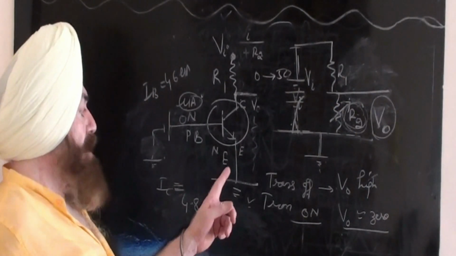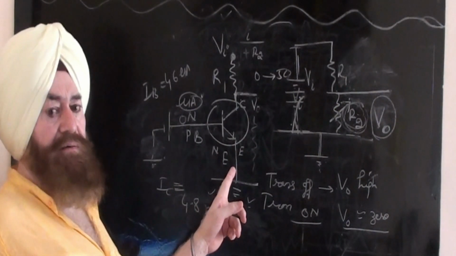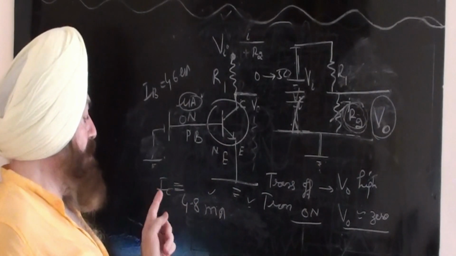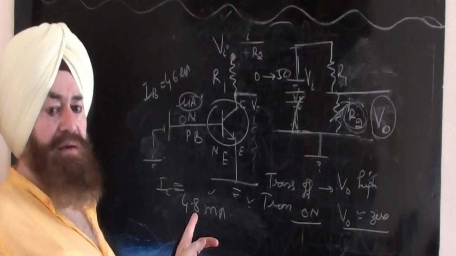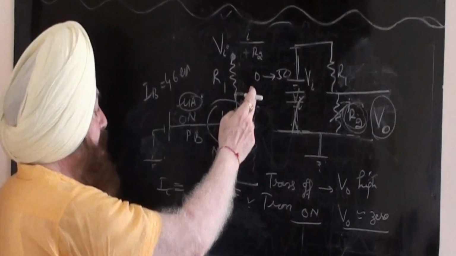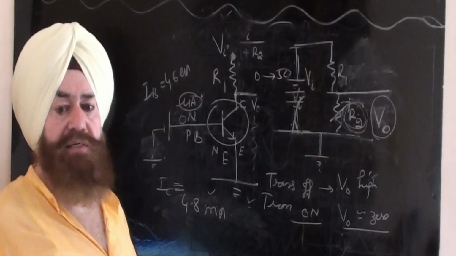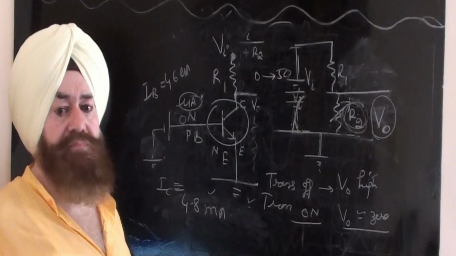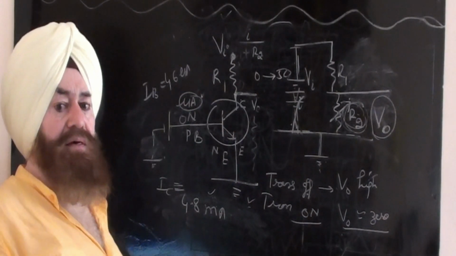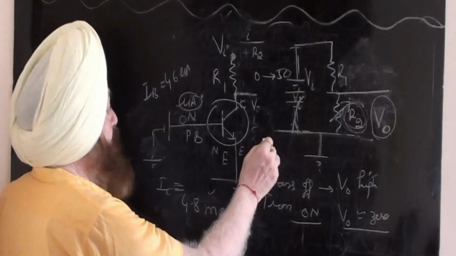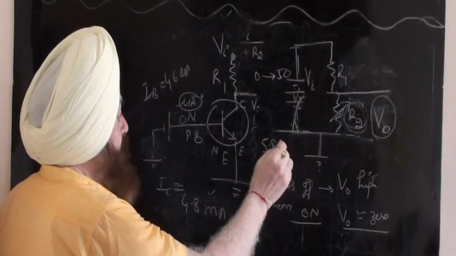The ammeter current will be slightly greater, but I'm not concerned with that. I say 4.8 milliampere. Then what will be the voltage between collector and ammeter? That voltage is 5.8 volt.